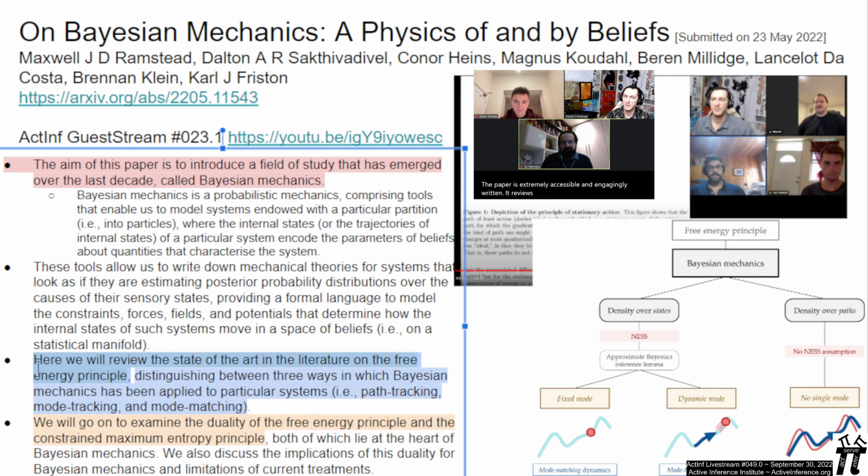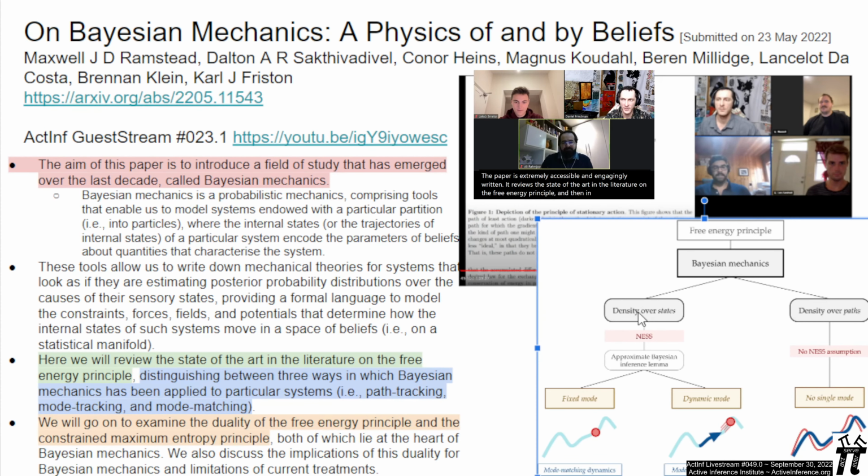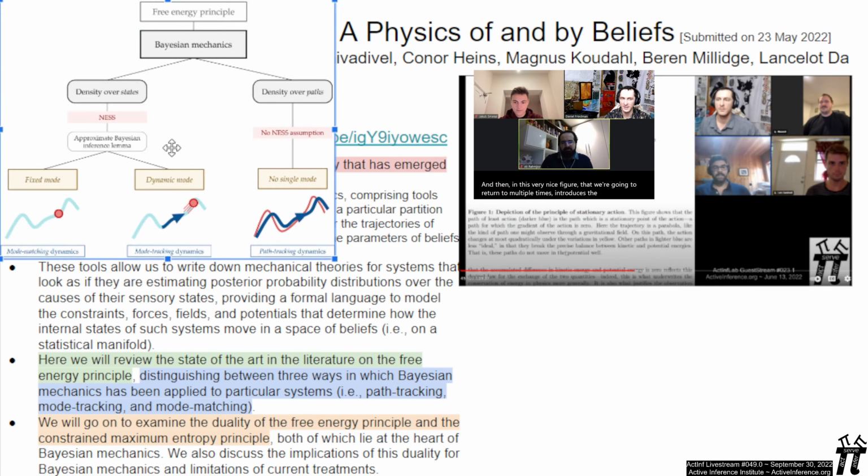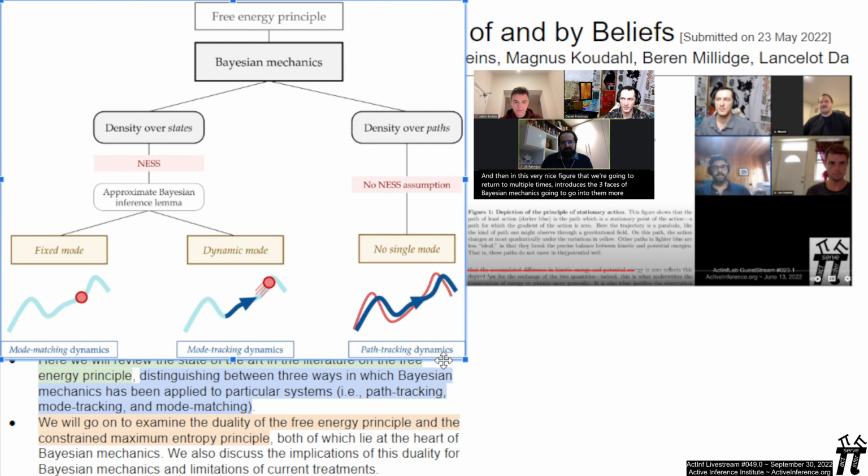It reviews the state of the art in the literature on the free energy principle. And then, in this very nice figure that we're going to return to multiple times, it introduces the three faces of Bayesian mechanics. We're going to go into them more in the worked example paper, but they are fixed mode on the left, dynamic mode in the middle, and then path tracking on the right side.